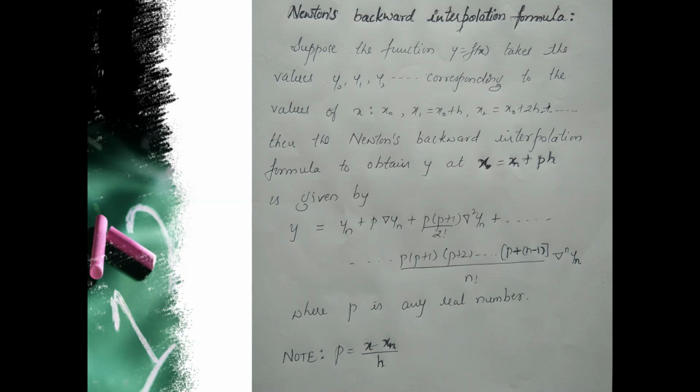In the forward interpolation formula, p is given by x minus x naught, that is the first value of x, divided by h, whereas for the backward interpolation formula, p is given by x minus xn, the last value of x, divided by h. That is Newton's forward and backward interpolation formulae.